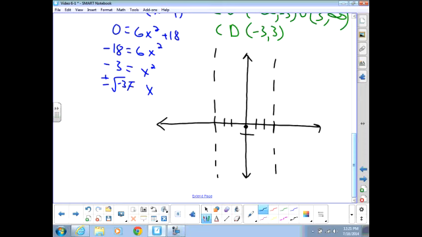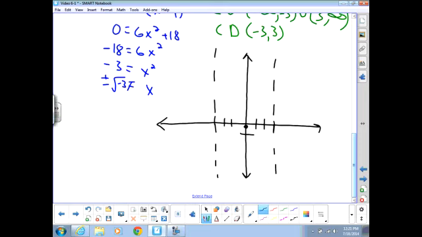Now, something you learned that can help you sketch this graph, and we'll use it a little bit later in the unit as well, is if you have a rational function, which we have in this case, a rational function just means it's a fraction, essentially. We can find where the horizontal asymptotes will be.